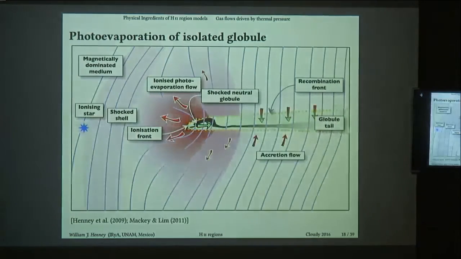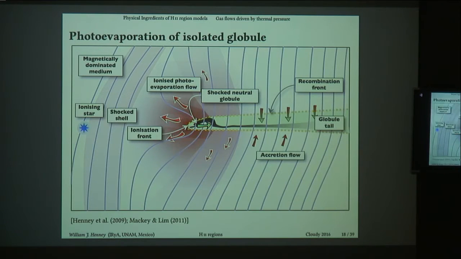So I'm just going to briefly mention some of the work we've done on simulating these flows. There are various complications you can put in. In this case, the complication we went for was magnetic fields. Magnetic fields, if they're strong enough, the main effect is to cause the collapse of the globule.